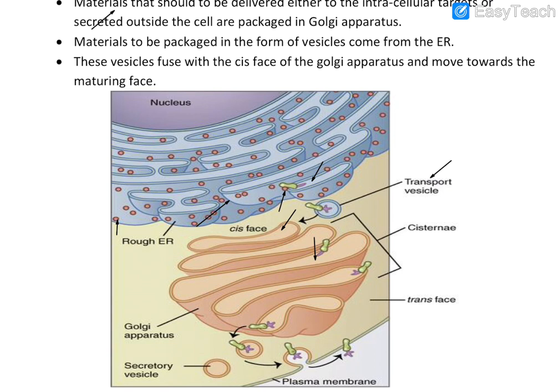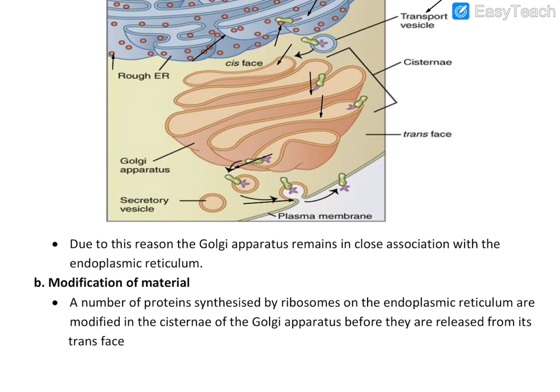Then it moves from one cisterna to another, and later it comes out as a secretory vesicle. That secretory vesicle fuses with the plasma membrane, then the contents are sent outside. So both the endoplasmic reticulum and the Golgi apparatus are involved in secretion.